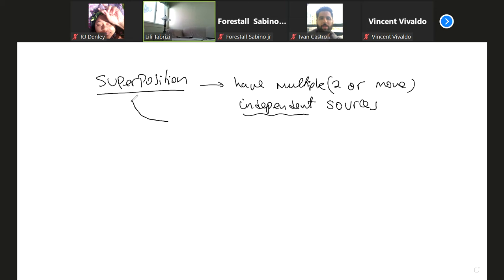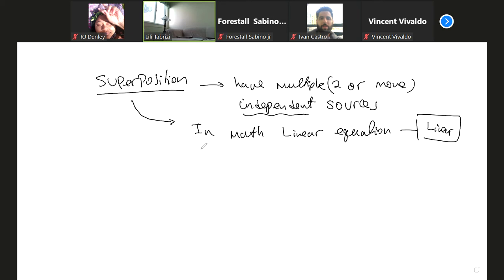Superposition is based on a very important general idea in math. In mathematics, if you have a linear system, let's say a linear differential equation, dy/dt plus y equals x.